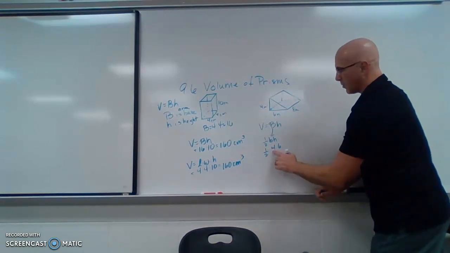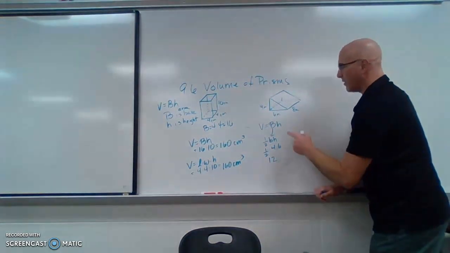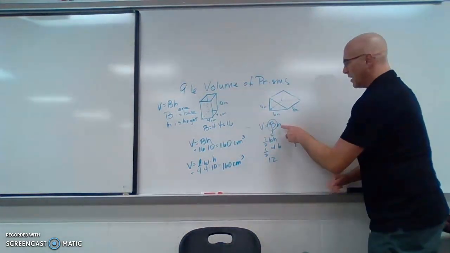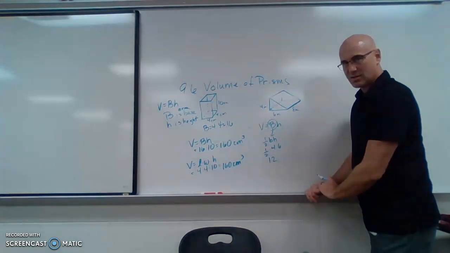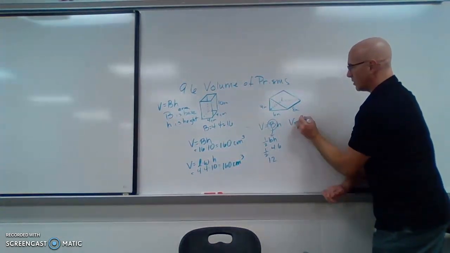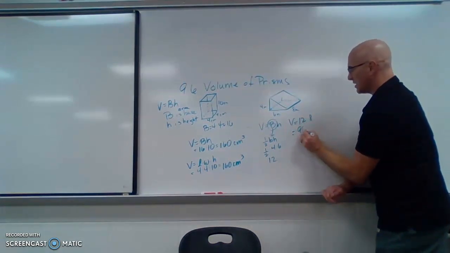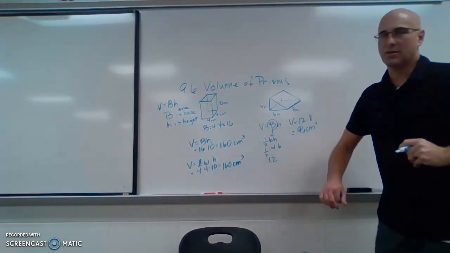This becomes 4 times 6 is 24. Half of that is 12. So my base is 12. And then I multiply it by the height, which is the length of one of these edges on the rectangle. So volume equals 12 times 8, which is 96 cubic centimeters.